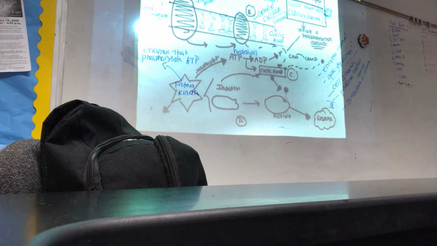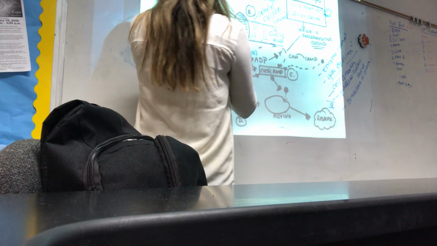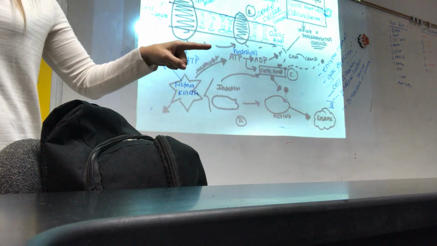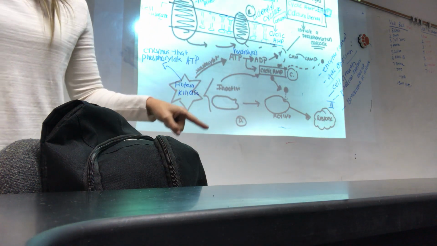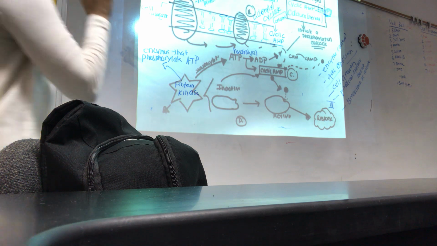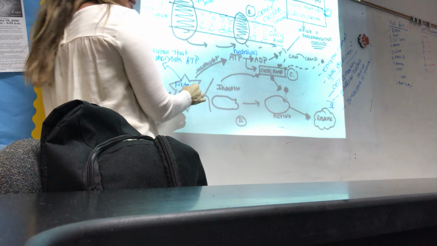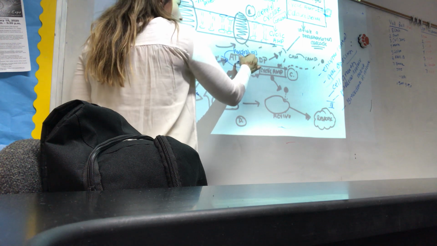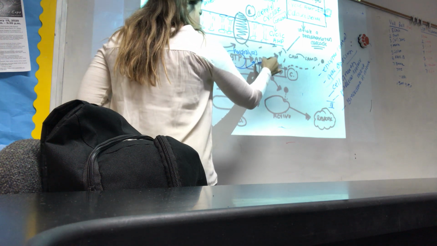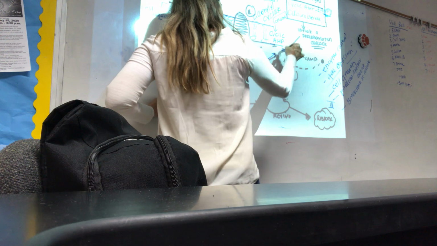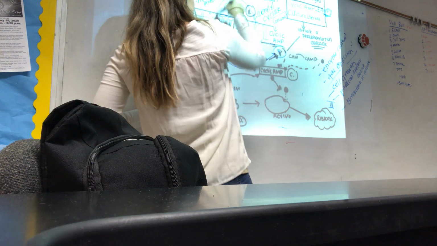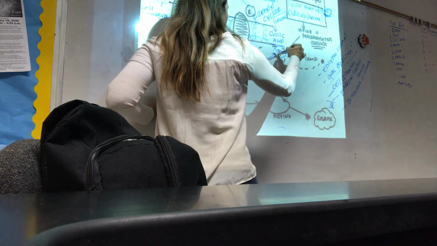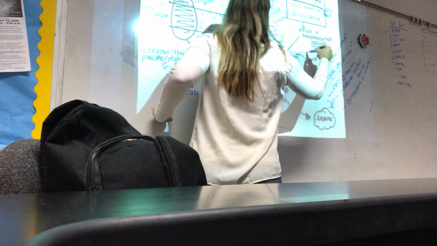And then by removing that phosphate, I am able to make cyclic AMP, which is going to take the message to the next enzyme. So protein kinase acts on ATP, ATP turns into ADP, it releases the phosphate, and then adenyl cyclase takes that phosphate and makes cAMP.